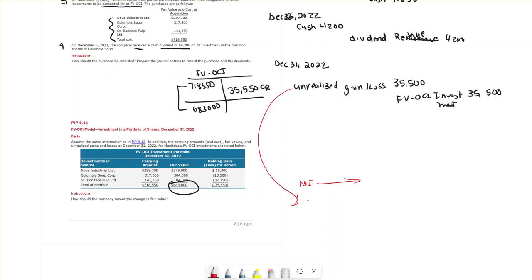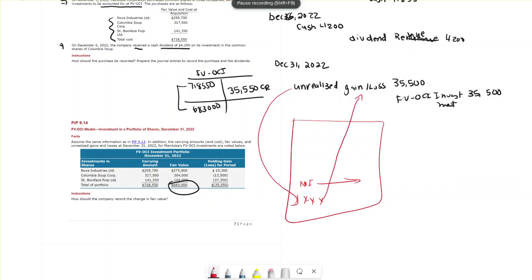So we know that everything on the income statement gets closed. So we have a net income, and then we have an unrealized gain or loss on fair value OCI investment, or anything else, it could be foreign investments or foreign exchange. They call it other comprehensive income.